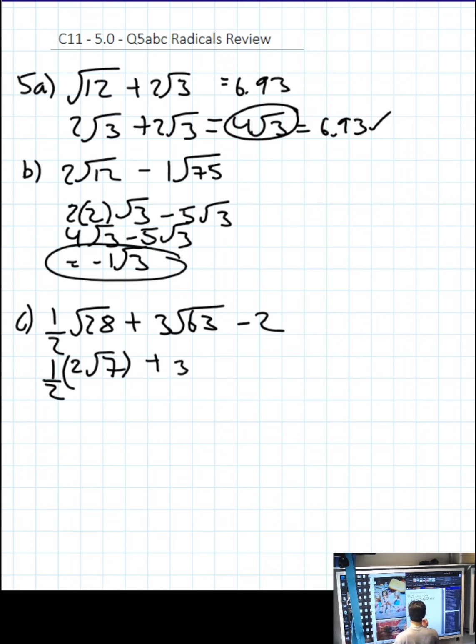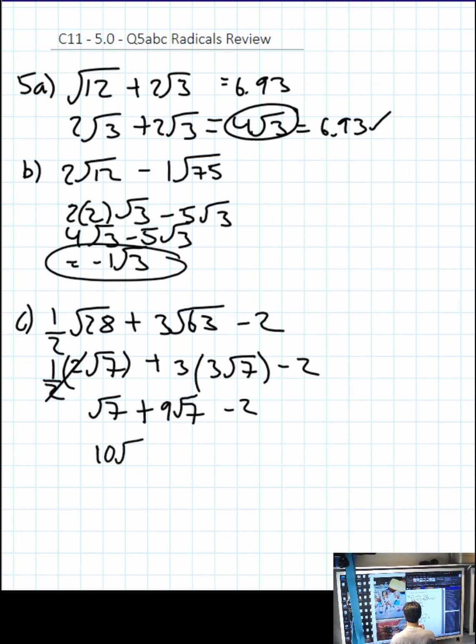So that's 3 root, so we have 3 times 3 root 7, all minus 2. So we can multiply the fraction by 2. 1/2 times 2 is simply 1. So we just simply have root 7 plus 3 times 3 is 9. We have 9 root 7, all minus 2. So if we have 1 root 7 plus 9 root 7, we have 10 root 7, all minus 2. And let's circle our answer. We can't combine those any further.